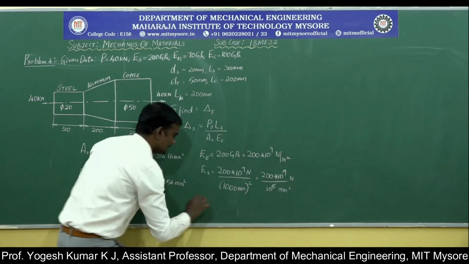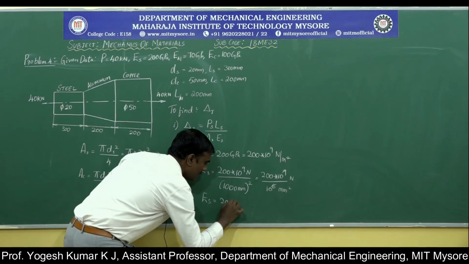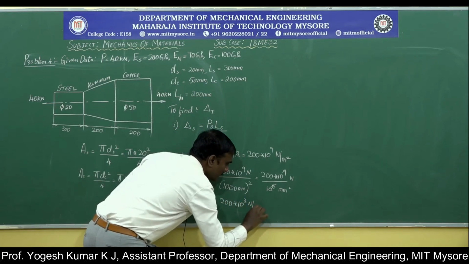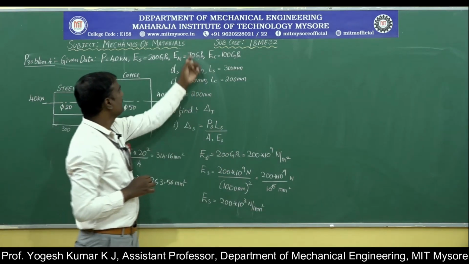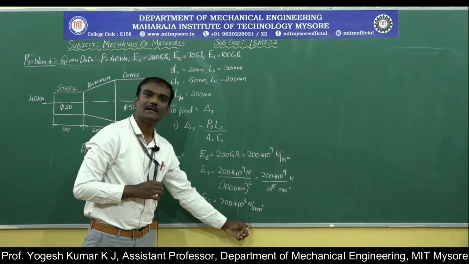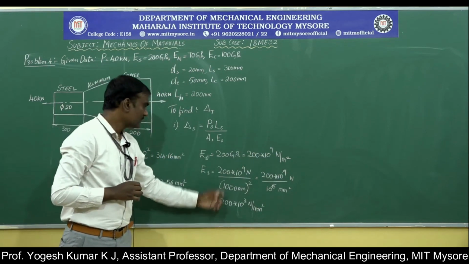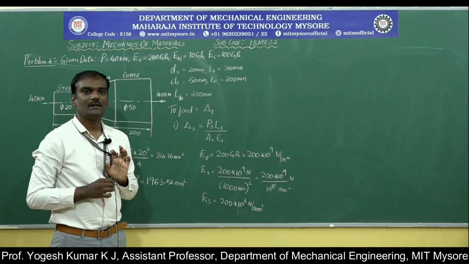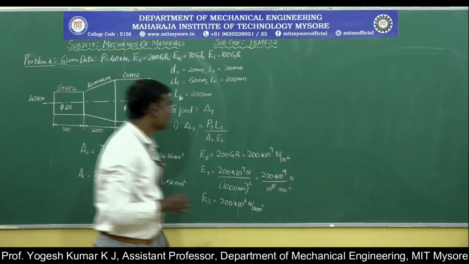Once we cancel, we get the Young's modulus of steel as 200 into 10 power 3 Newton per millimeter square. So that means gigapascal can directly be written as 10 power 3 Newton per millimeter square. This is how we will convert gigapascals to our simplest unit, millimeter square. So let us proceed to solve our problem.